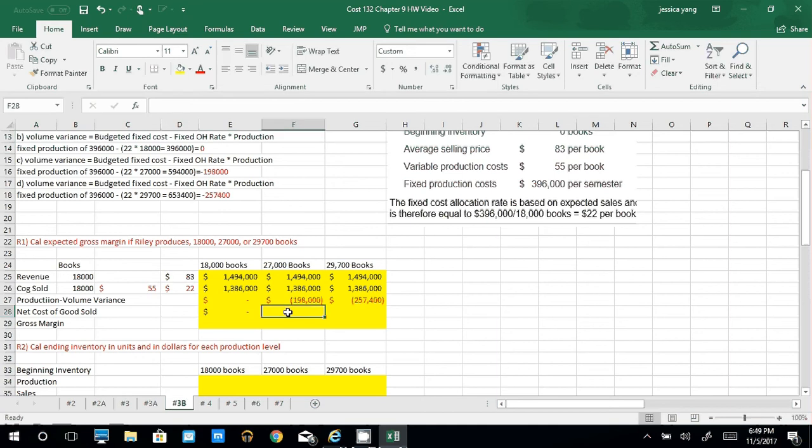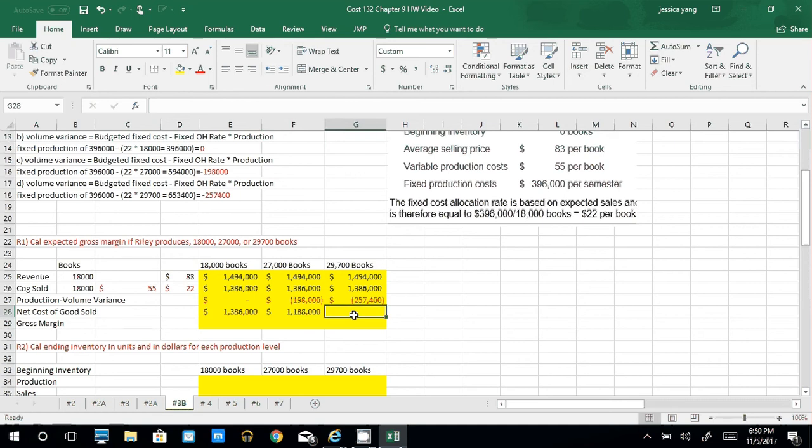For the 27,000 books, I take my cost of goods sold and subtract the production volume variance, which gives me $1,188,000.